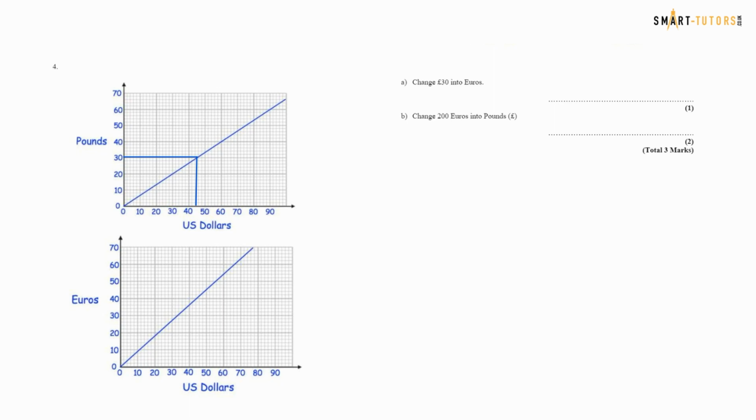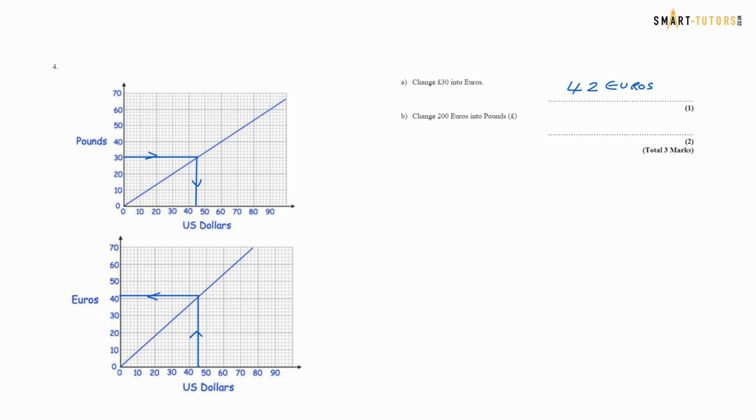From $45, this is 42 euros. So the answer is 42 euros. Again, it's a graphical method, so the answer does not need to be exact. 30 pounds gives $45, and from $45 you find 42 euros.